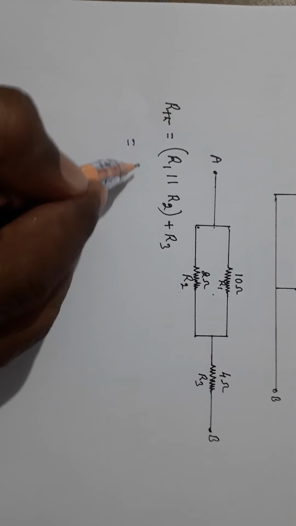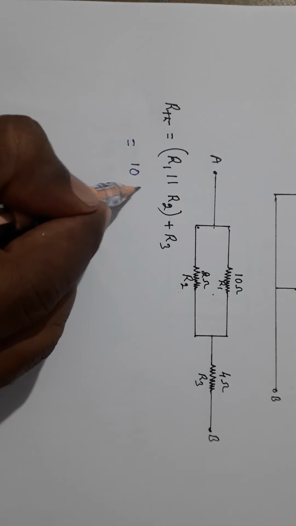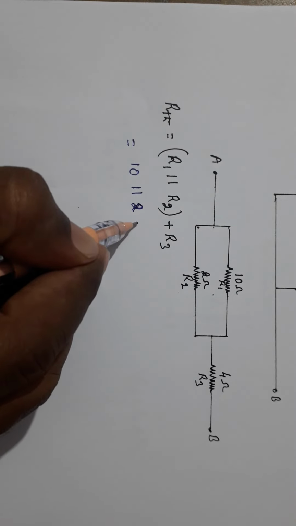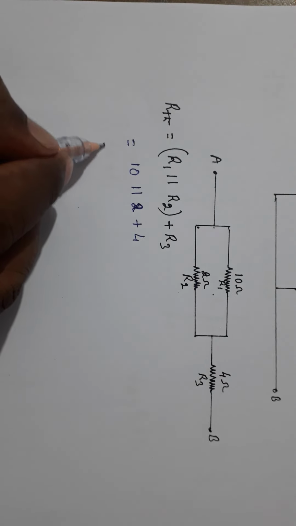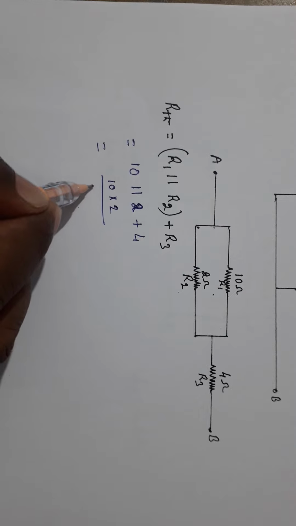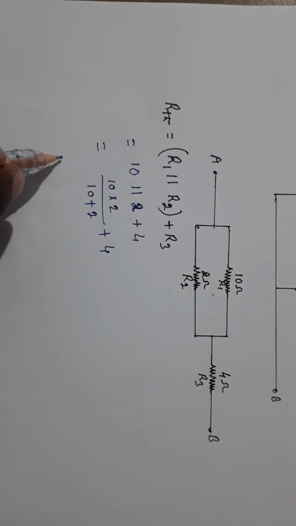Therefore, R1 equals 10 parallel 2 plus 4, that equals 10 into 2 divided by 10 plus 2, plus 4.